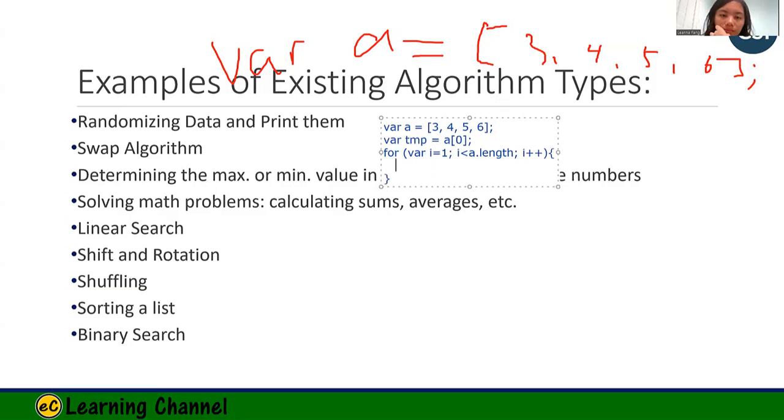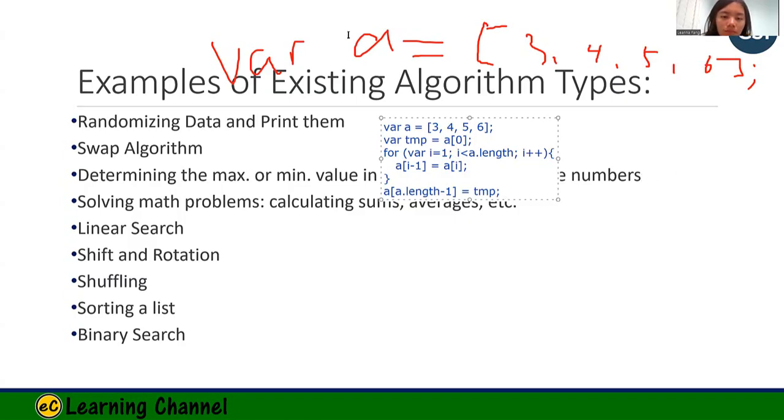So for the 4, 5, 6, what you should do is A[i-1] will be equal to A[i]. You shift from right to left. Eventually, A[A.length - 1] will be equal to temp.